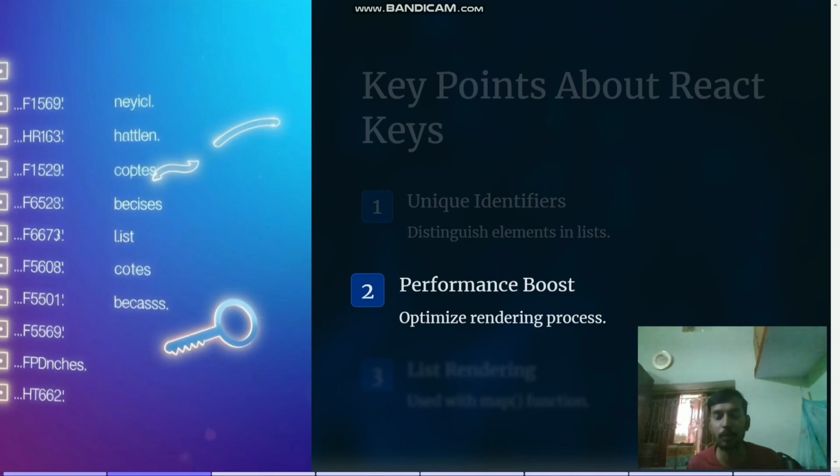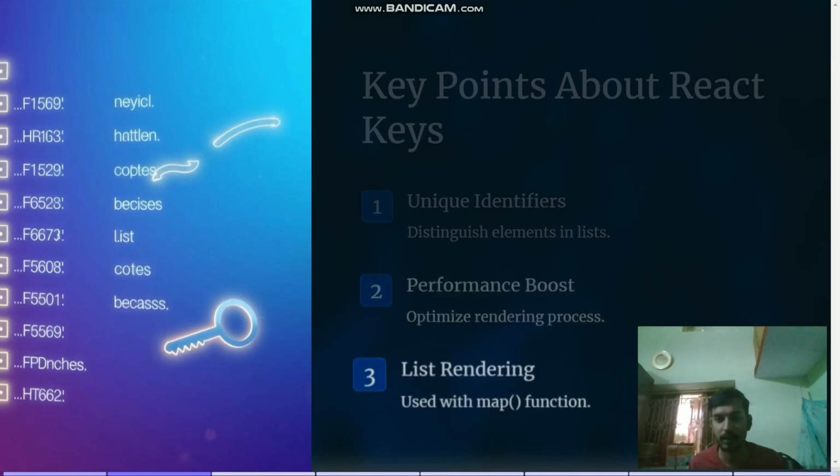It also helps to boost the performance and optimize the rendering process. List rendering is used with the map function, so in list rendering we use keys with the map function.